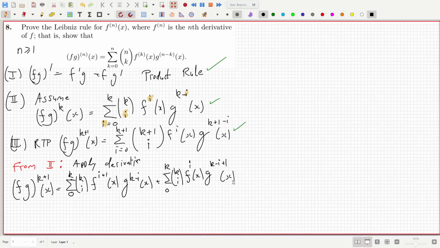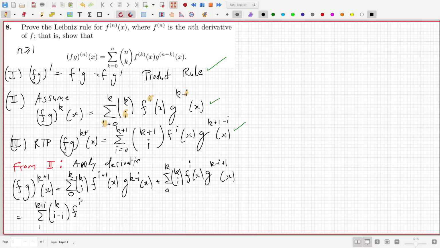So I'll increase the index on the first one. So I'll go from 1 to k plus 1. So then that becomes k choose I minus 1. And then I can drop the 1 here.